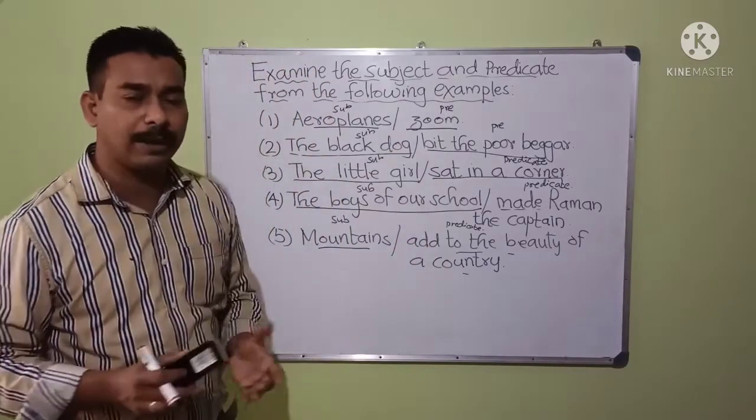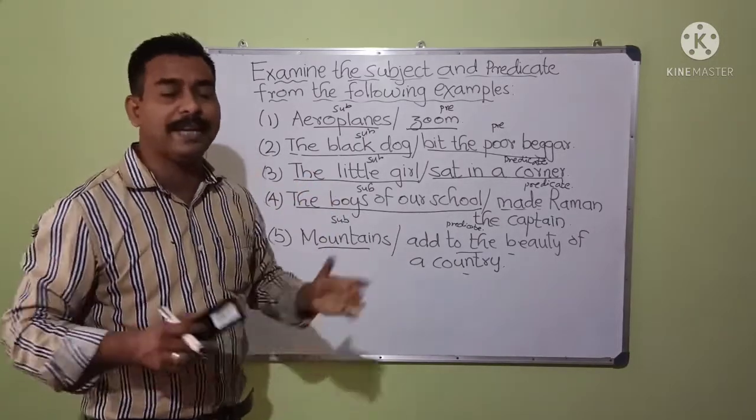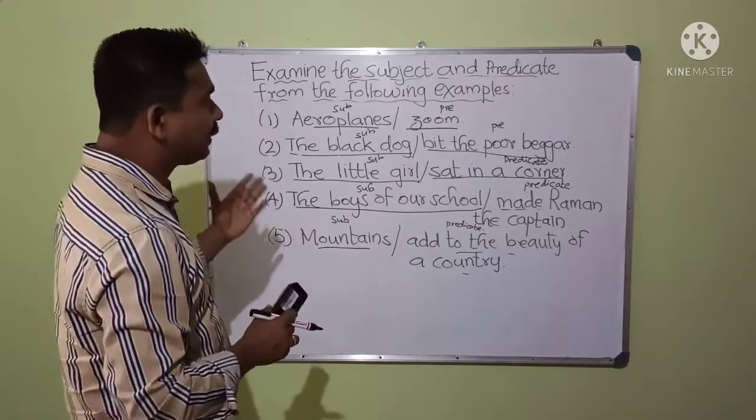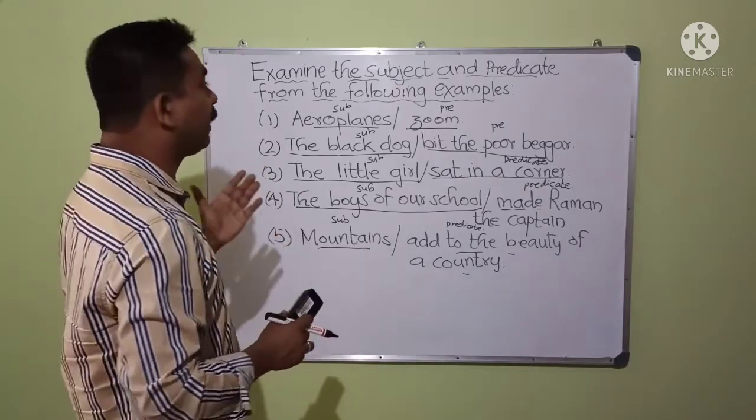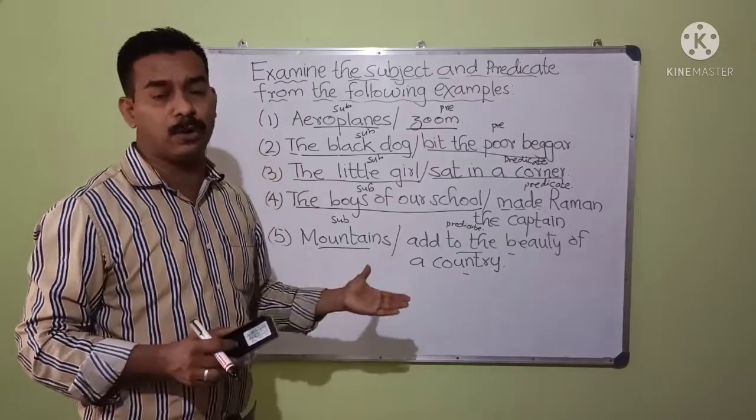So what do you learn from these? From these examples, we can learn that the subject and predicate may consist of a single word or of many words.